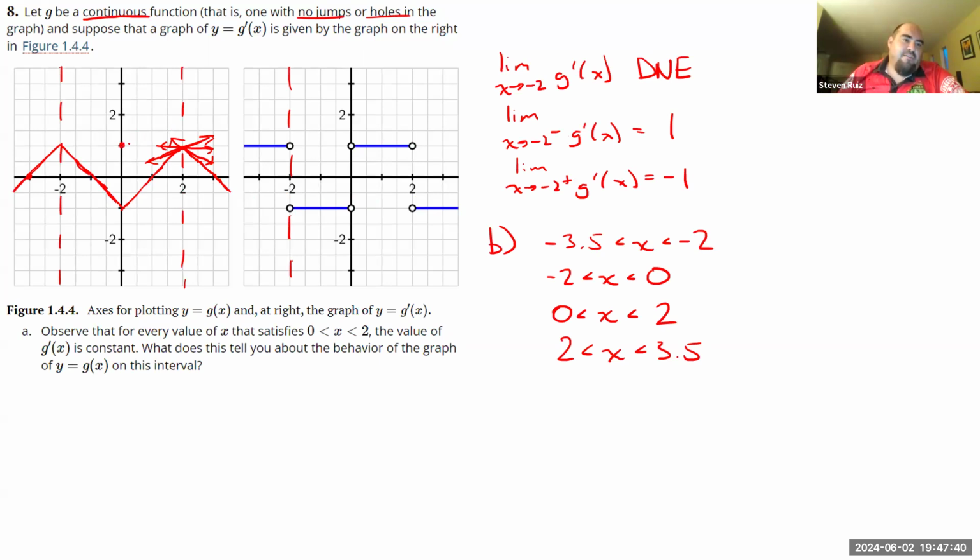I know this is a point that has to belong on my graph, and I've already done all the analysis that comes from the derivative. So I can basically translate the graph I've already drawn upward to arrive at the graph they want.